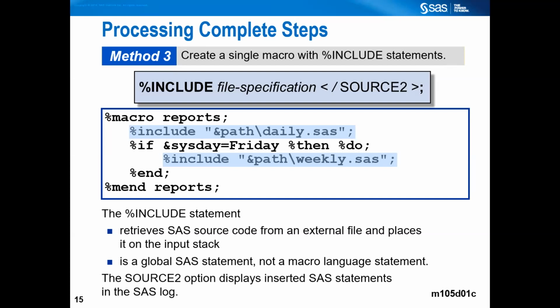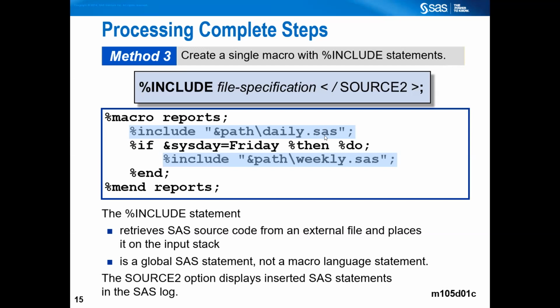Okay, why? I'll tell you. This %include is a statement where you can directly provide the path where you have your program saved. You can write the daily program separately and save it as a SAS program, with the extension .sas.